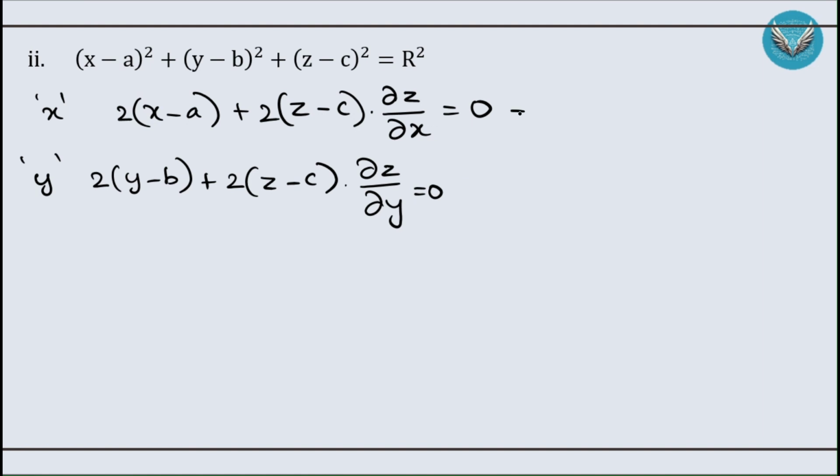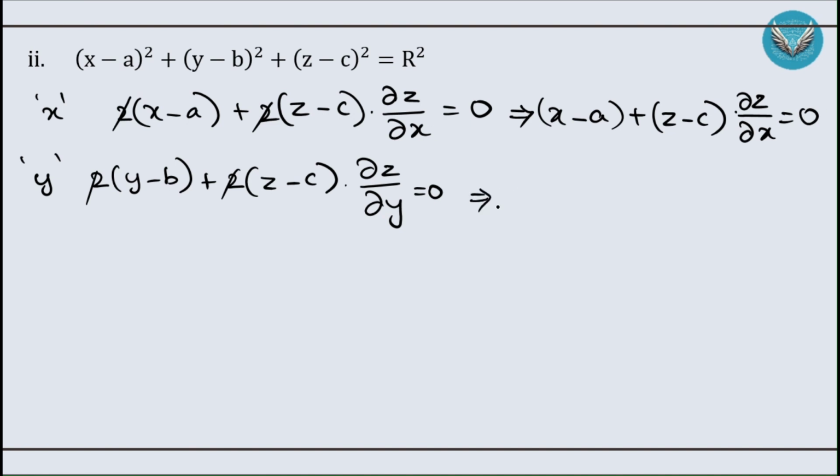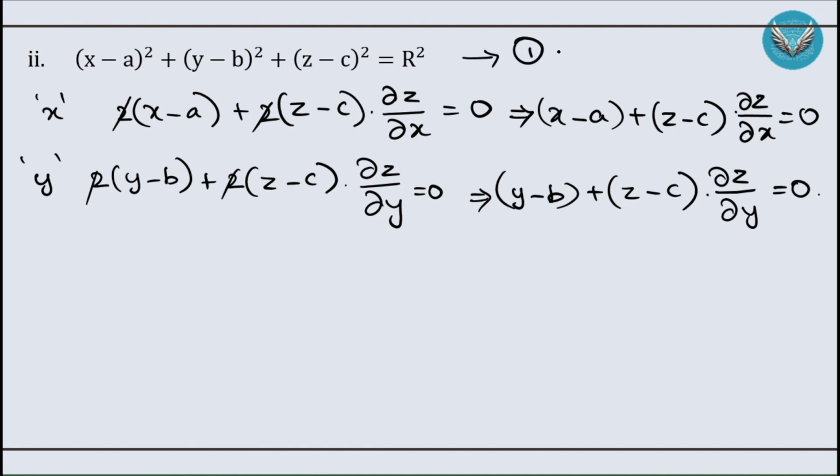Cancelling the 2, we get (x minus a) plus (z minus c) into dou z by dou x is equal to 0. Similarly, (y minus b) plus (z minus c) into dou z by dou y is equal to 0. Let us mark these as equations 1, 2 and 3.